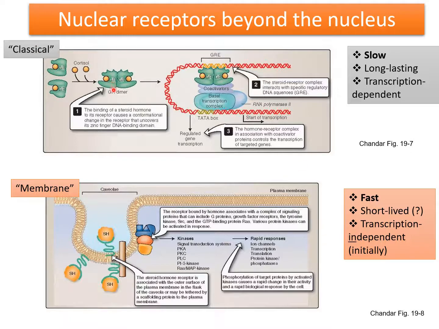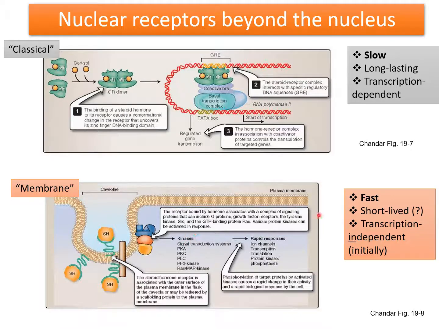So you can get this sort of direct response here. You see cortisol binding to the glucocorticoid receptor here, which then directly goes into the nucleus and activates gene expression. Or we can have this membrane pathway, which is these cell surface receptors we've been talking about that have this long signaling cascade that will eventually lead to gene expression being changed.